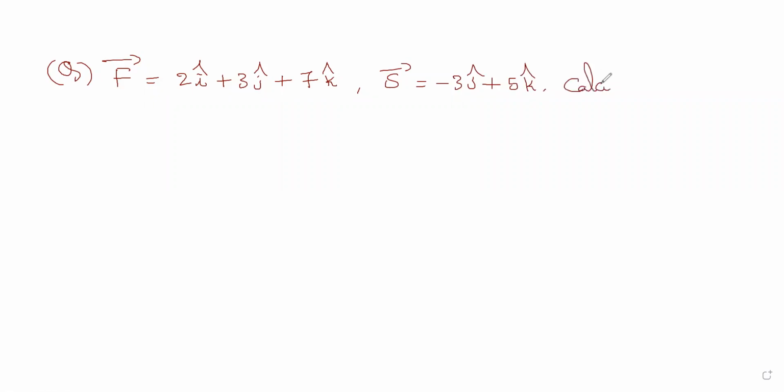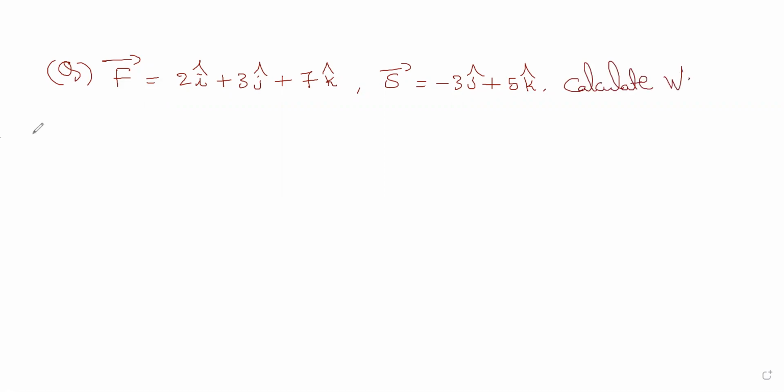So the force vector is F equals 2i cap plus 3j cap plus 7k cap, and the displacement vector is minus 3j cap plus 5k cap. Now calculate the work done.